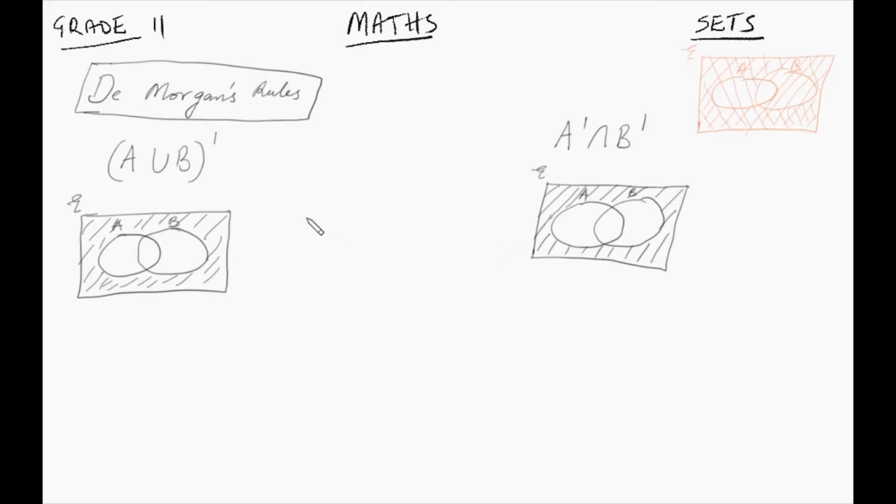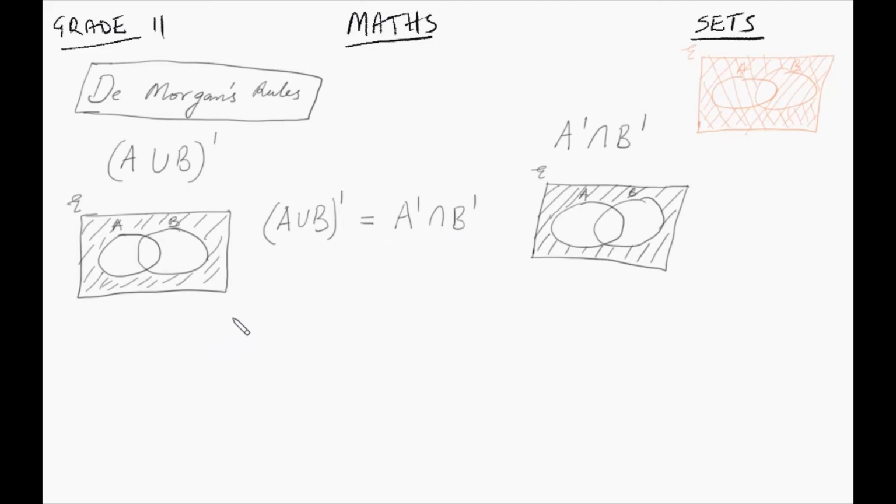So what does that mean? That means that we can conclude that A union B all complement is equal to A complement intersect B complement. So this is De Morgan's rule. It says that A union B all complement equals A complement intersect B complement. You just have to know these things.